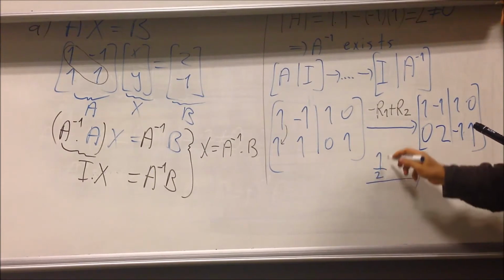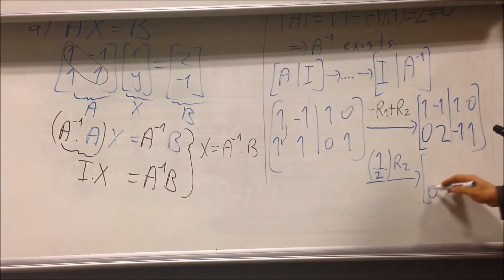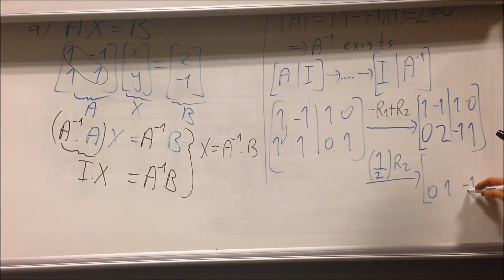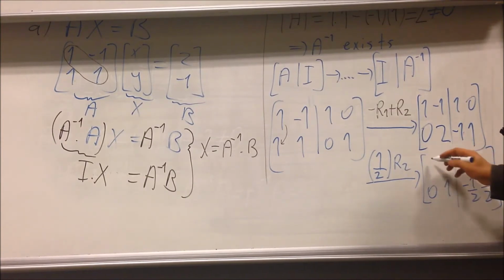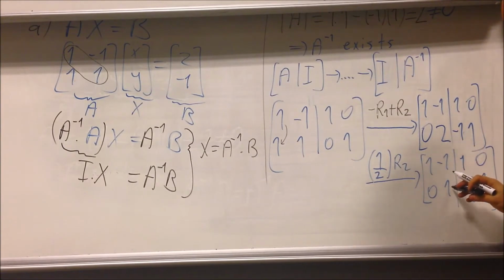Now we may divide the second row by 2, or multiply it by 1 over 2, to obtain the following. And the first row is unchanged. And finally, using the second row, we may convert this minus 1 to 0. So row 2 must be directly added to row 1.